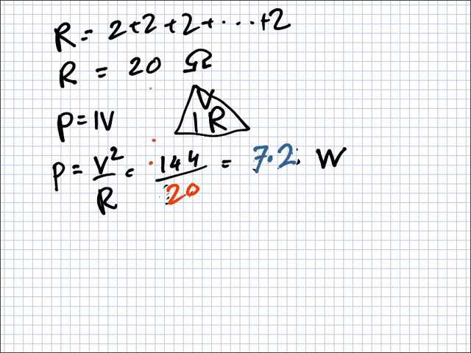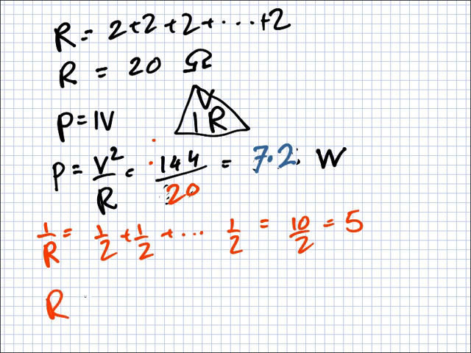The next part is they ask you to do everything again if it's in parallel. So the total resistance, if it's in parallel, will be 1 over 2 plus 1 over 2, dot, dot, dot, 1 over 2. You have 10 of them, so that's 10 over 2, which is 5. So then the R will be 1 over 5, which is 0.2.